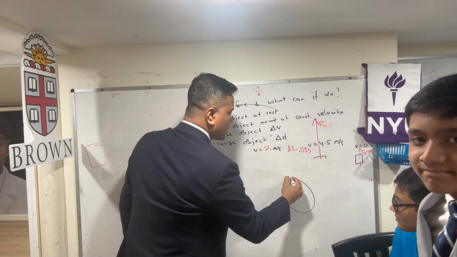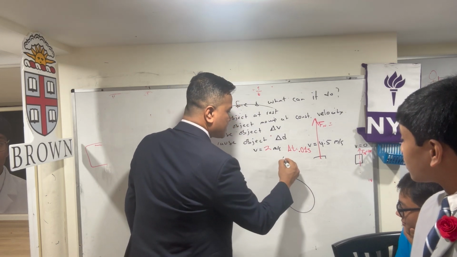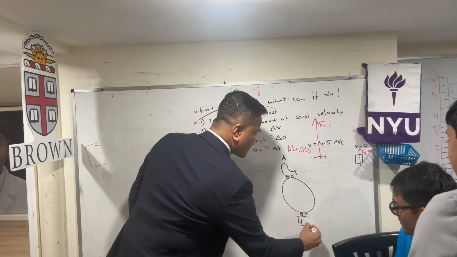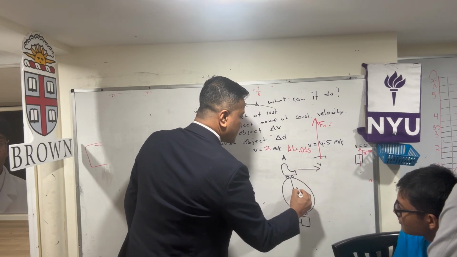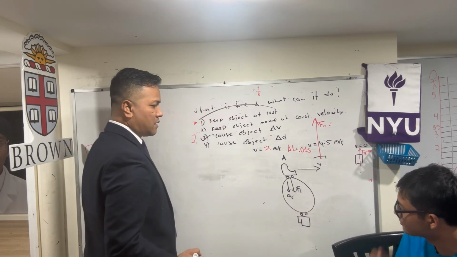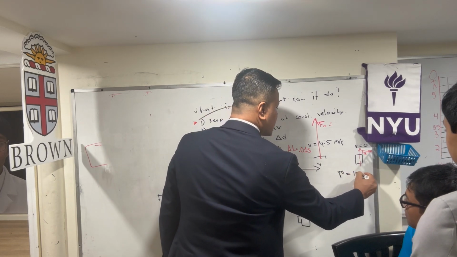You solve it. You're gonna tell me how many things you notice. This is location A. This is location B. So R is 10 meters.